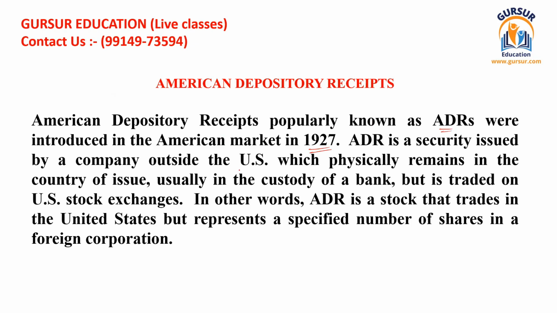ADR securities are issued by a company which is listed on the stock exchanges of the United States, like Apple, for example. If you purchase their shares, whatever security certificate you get shall be termed an American depository receipt.